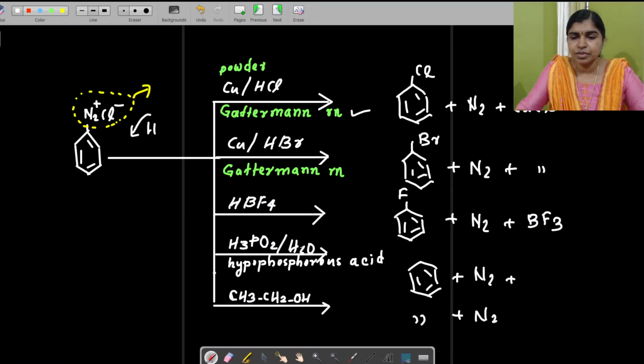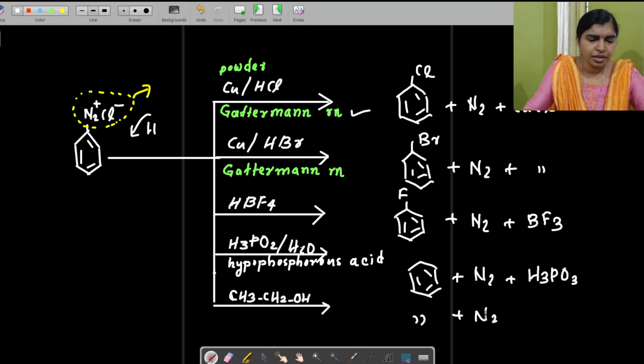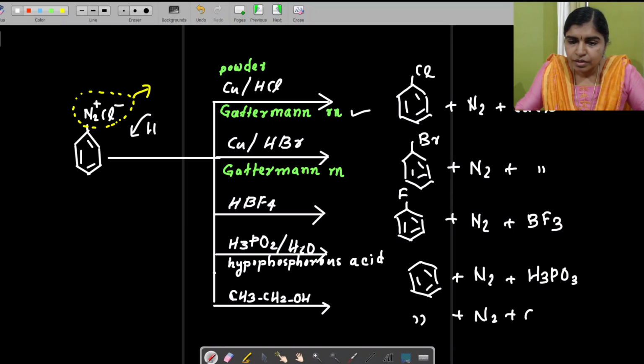And here it forms H3PO3 as one product. Here the reagent is H3PO2, and the byproduct is H3PO3. Then here along with this it forms CH3CHO, that is acetaldehyde. In two places there is one more byproduct, that is HCl.